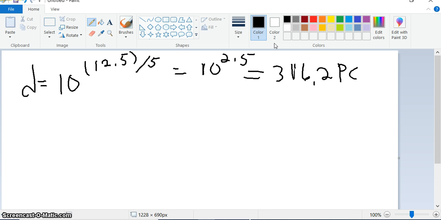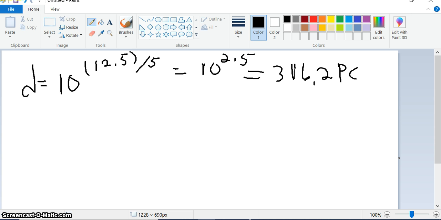So all this table is doing is telling us the minimum magnitude of an object that you could see with a pair of binoculars, or a big telescope or something like that.